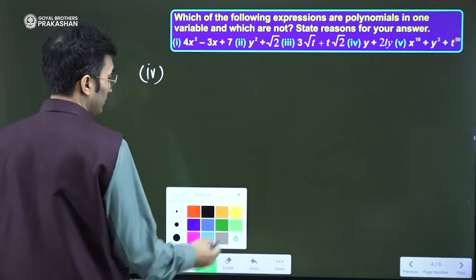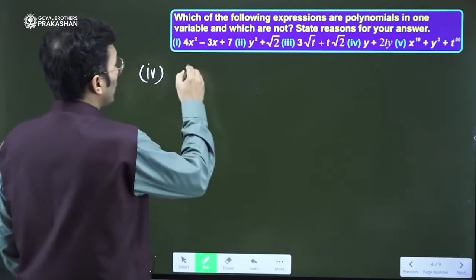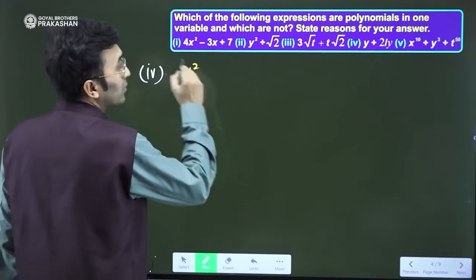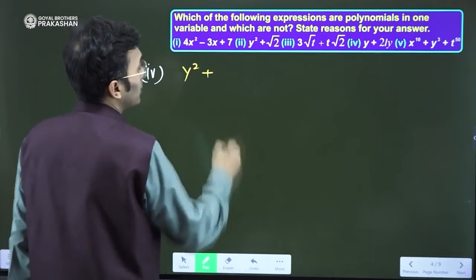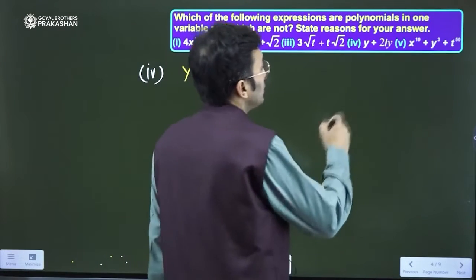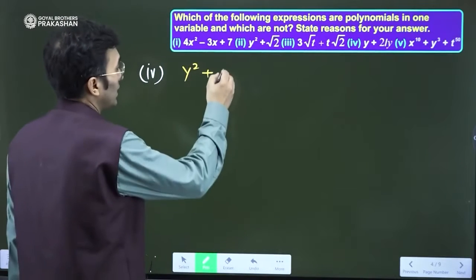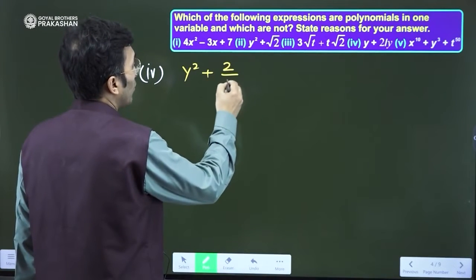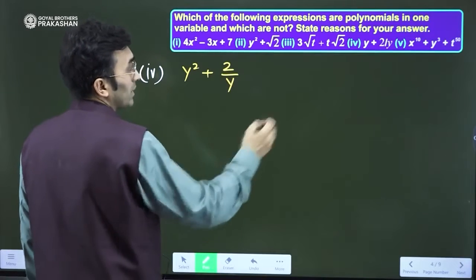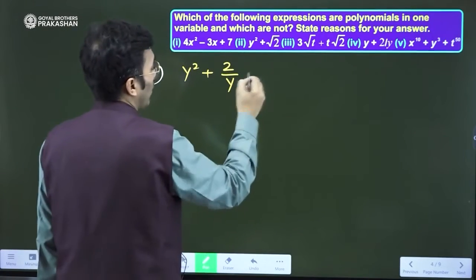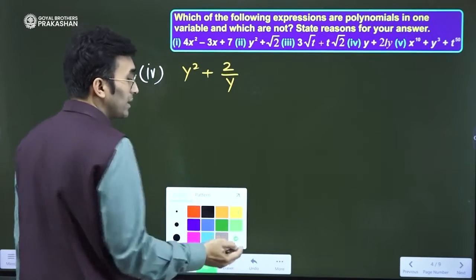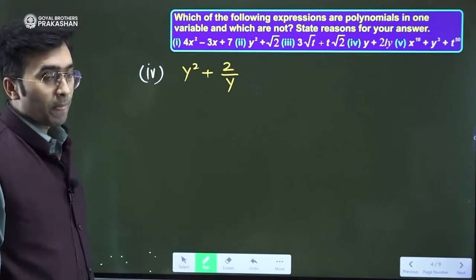In the fourth question, this is written y square plus 2 over y. Now we have to check if it is a polynomial or not.